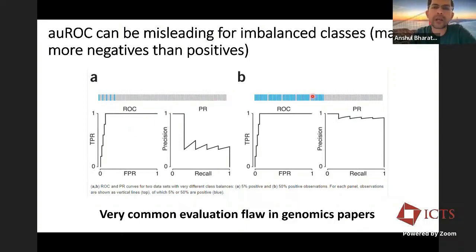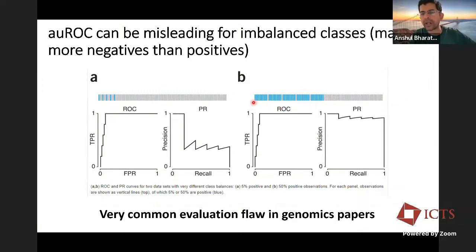So here I'm showing you 2 examples. In this example, the data is quite balanced. The blue lines you're seeing correspond to positively labeled examples, and the gray lines correspond to negatively labeled examples. You can see there are about an equal number of blue lines and gray lines. Now, what I'm showing you is a classifier that scored these examples with different scores between 0 and 1.